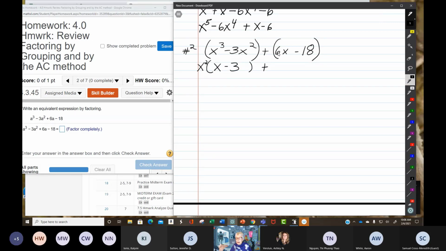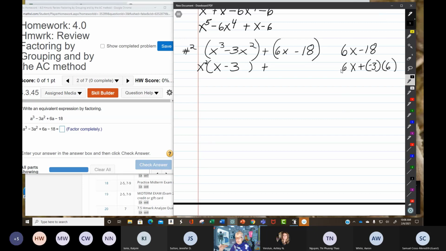Now, 6 goes into 18, so that is very handy. This is 6x, and this is minus, well, okay, 6x minus 18 is 6x plus negative 3 times 6.